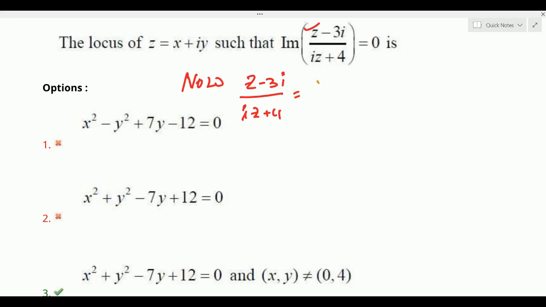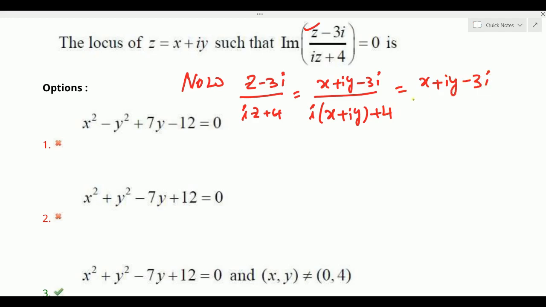Now take the simplification of z minus 3i by iz plus 4. In the numerator we take x plus iy minus 3i.